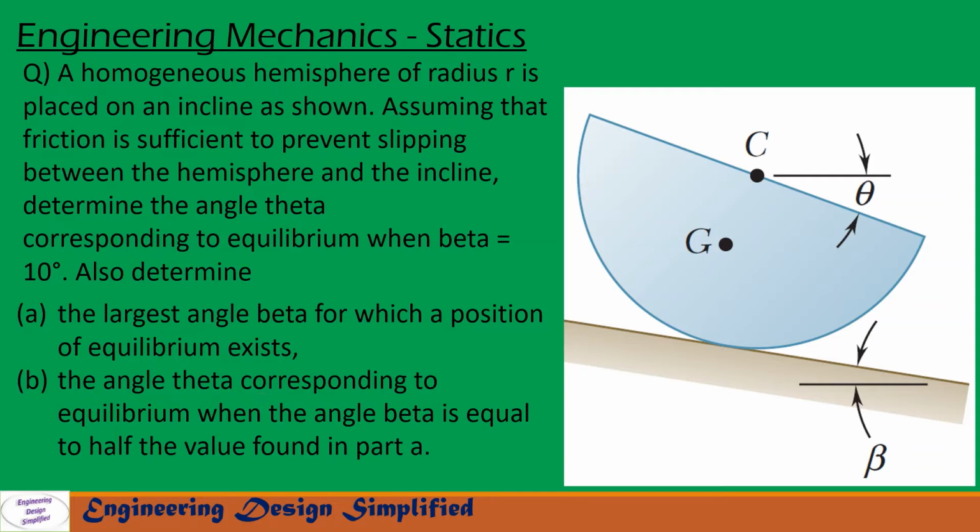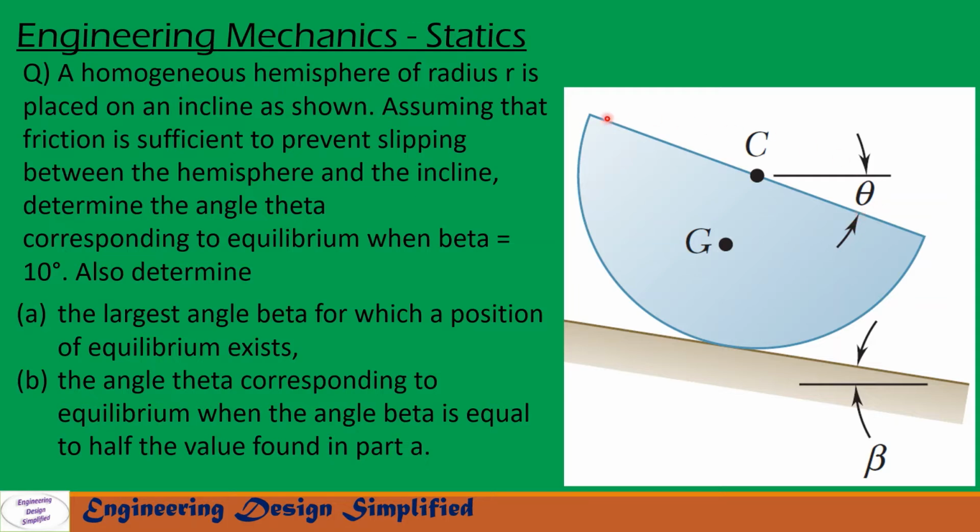In this problem, a homogeneous hemisphere is placed on an inclined plane like this. This angle is beta, this angle is theta. The first portion is to find theta for equilibrium when beta equals 10 degrees.